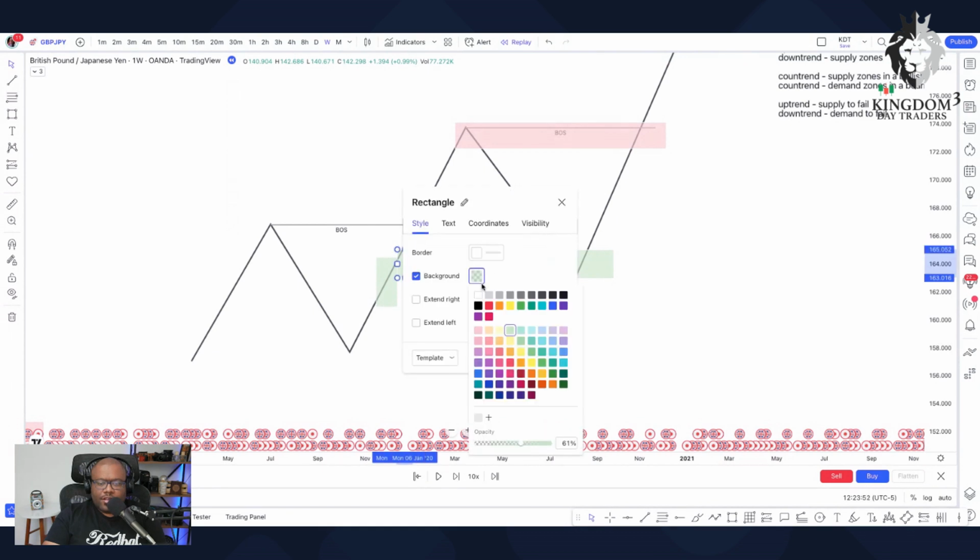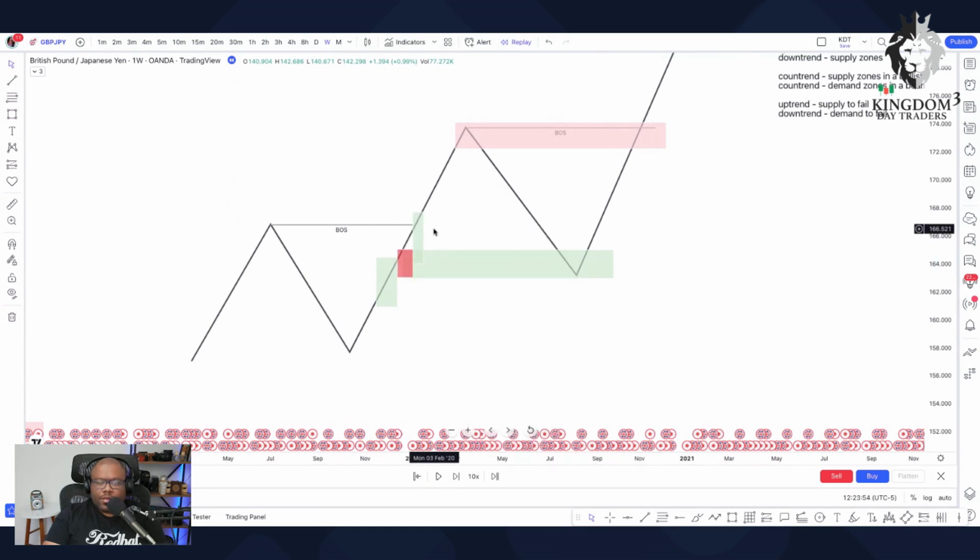And let's change the color. Okay, see? That's a rally-based rally in an uptrend that gives you that entry.